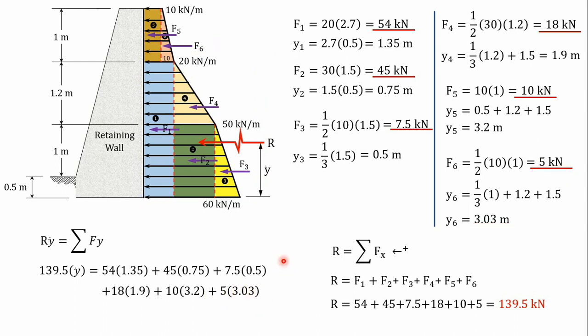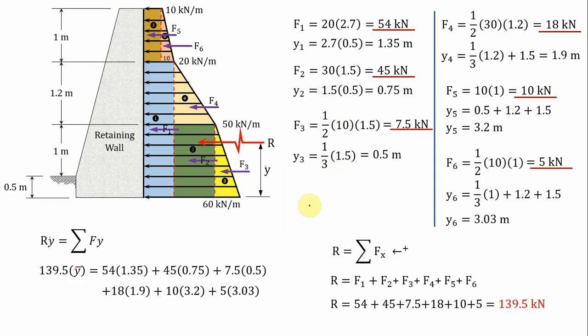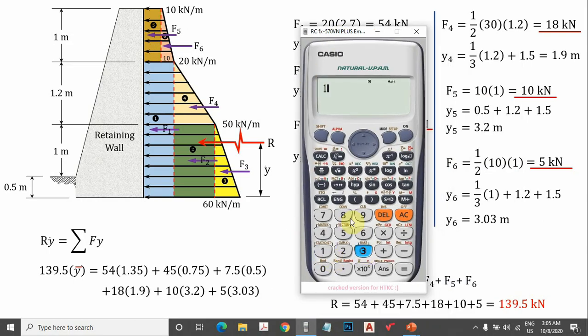So let's solve for bar Y, class. Let me use the calculator to check. We have 139.5 times x is equal to 54 times 1.35 plus 45 times 0.75 plus 7.5 times 0.5 plus 18 times 1.9 plus 10 times 3.2 plus 5 times 3.03.